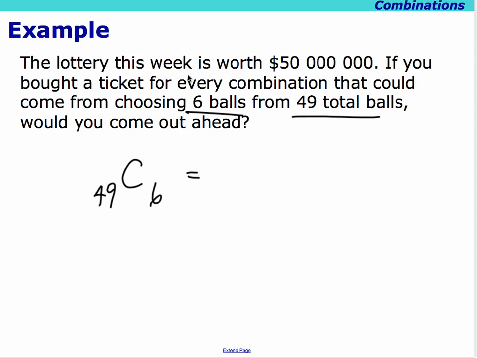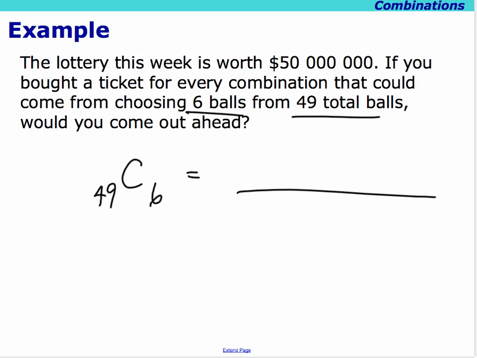In the question here it says, what if you bought every combination that you could from the lottery, so for sure you'd win, would you have paid too much money? So 49 choose 6, I'm not sure what it comes out to, but it's in the millions of different combinations.